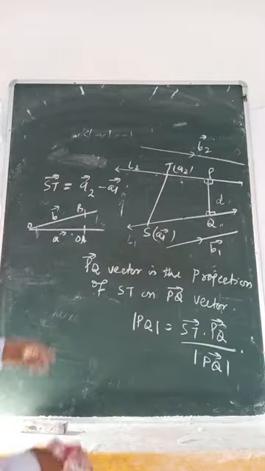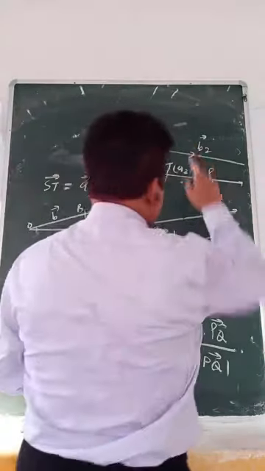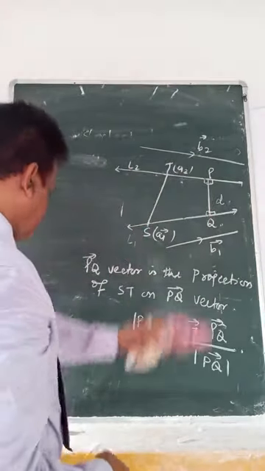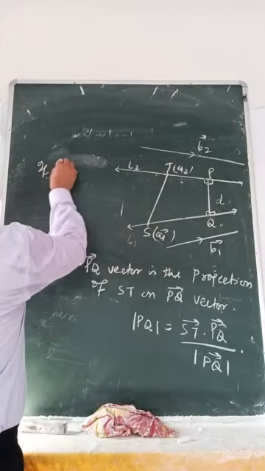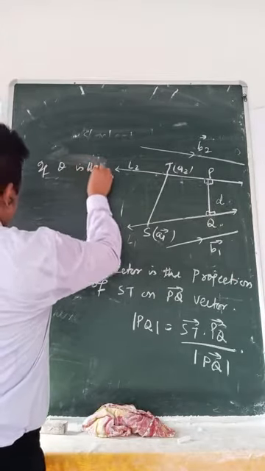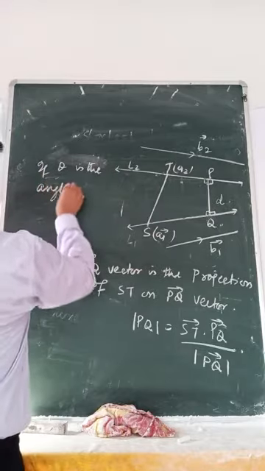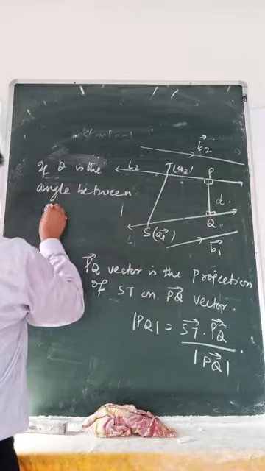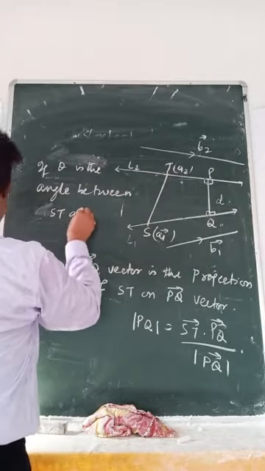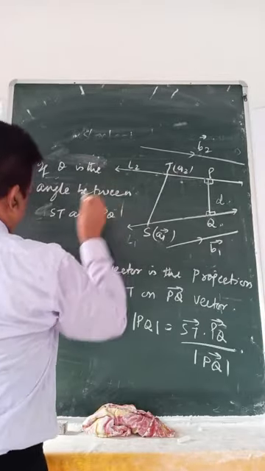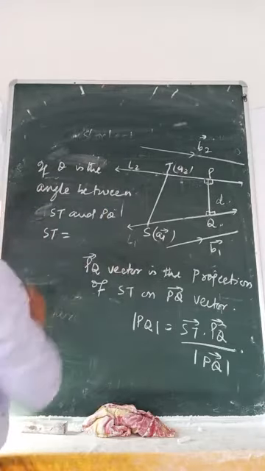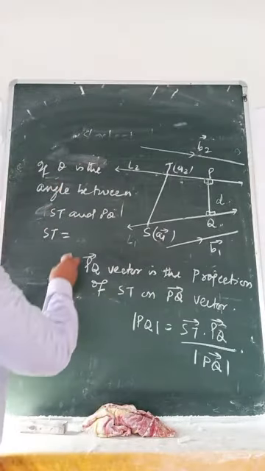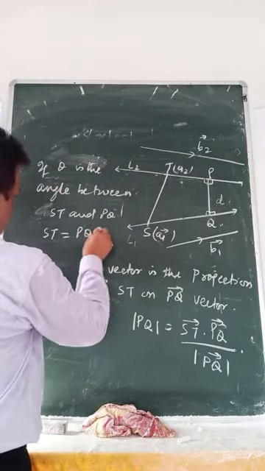Suppose if you extend it, they will meet at a point. If theta is the angle between ST and PQ, then PQ equals ST cos theta.